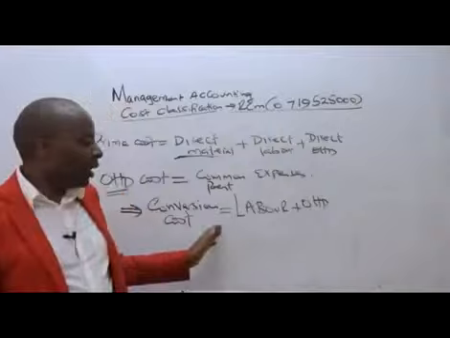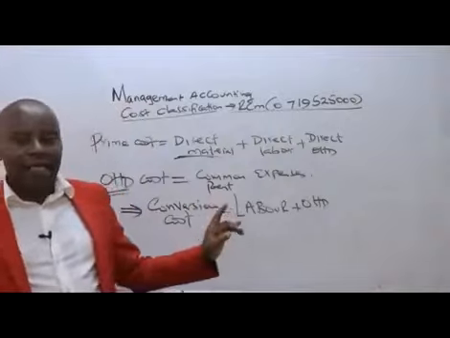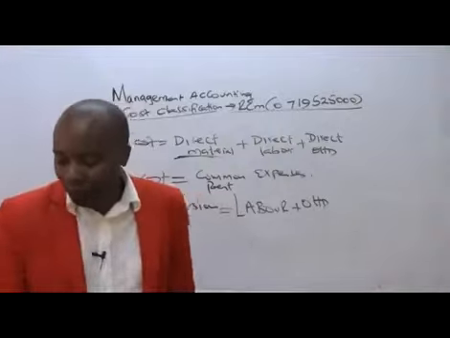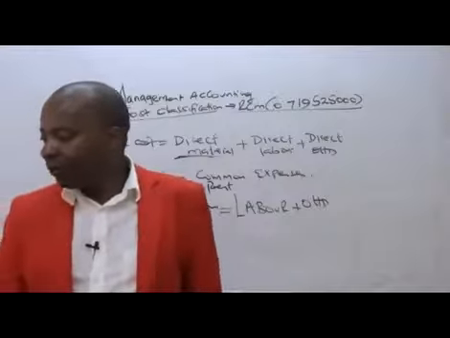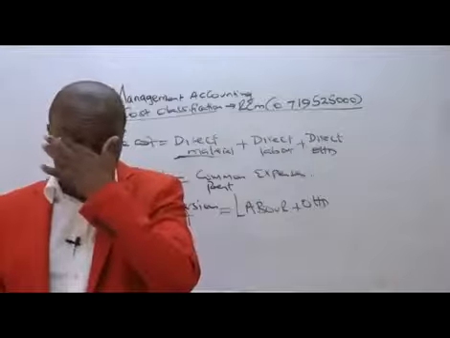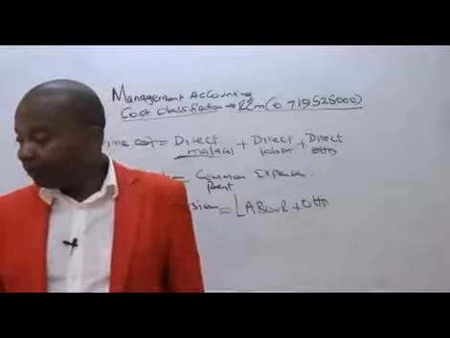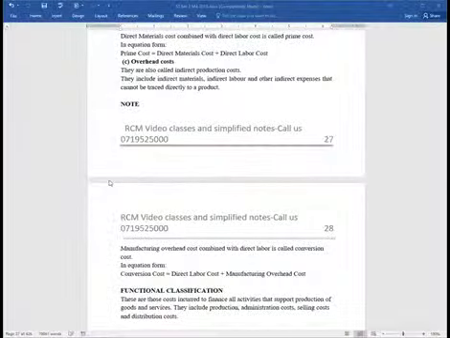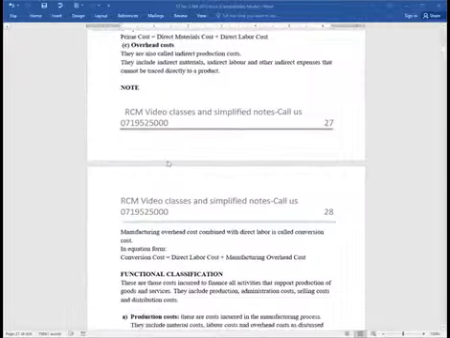So very importantly, for us to understand this from the word go. So ladies and gentlemen, what you're saying in this case is that we can classify costs in accordance to whether they are manufacturing or non-manufacturing.